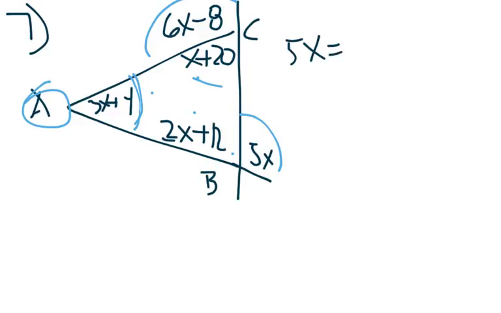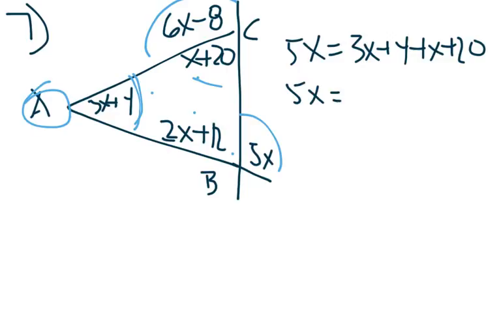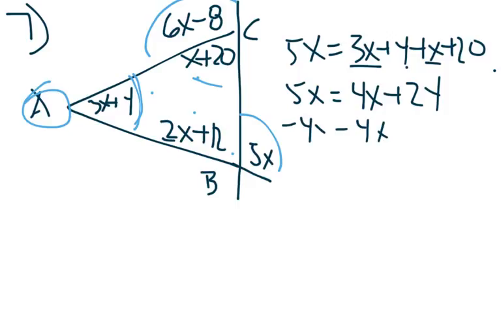5x equals 3x plus 4 plus x plus 20. So we have 5x equals 3x plus 1x, that's 4x. 4 plus 20 is 24. So let's subtract 4x from both sides. So x equals 24.